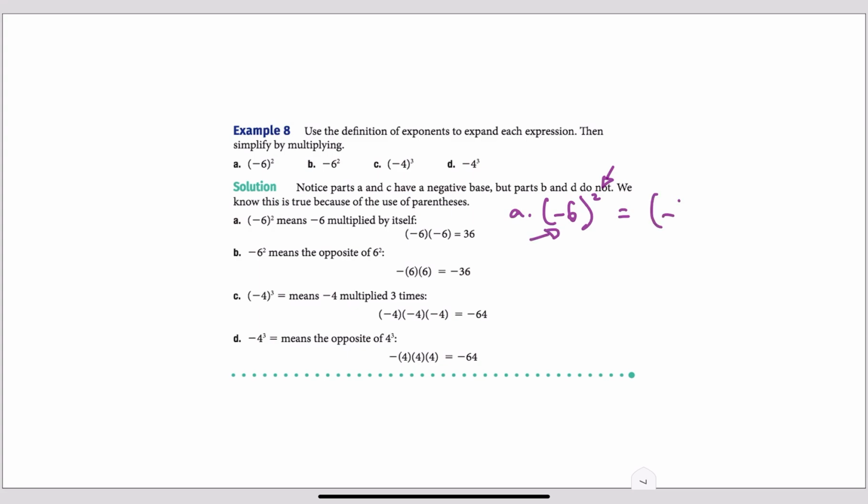So the base is negative 6, and how many negative 6's do I have in multiplication together? 1, 2. Negative 6 times negative 6, well, a negative times a negative is a positive, right? The signs are the same in multiplication. That's a positive. 6 times 6, 36. So when you square a negative number, you end up with 2 copies of the minus sign, and so they're going to pair up, cancel out, and you're going to end up with a positive result.